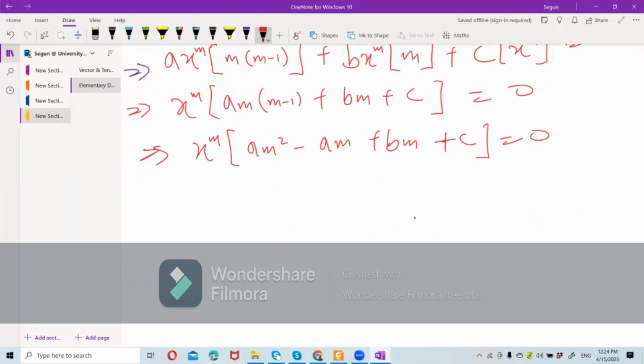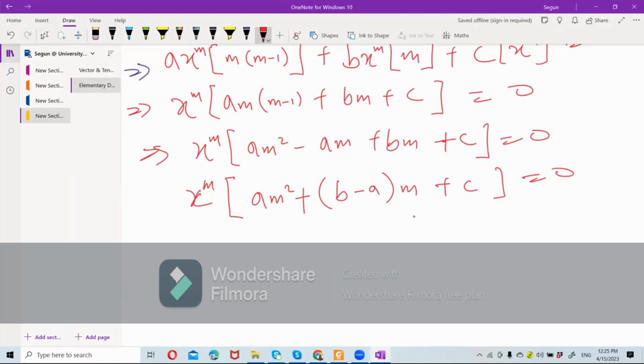So in this case now, x raised to power m, we have it to be am squared plus (b minus a)m plus c equals 0. So we can go ahead and write our distinct out.